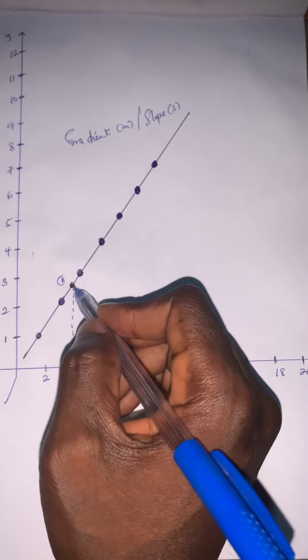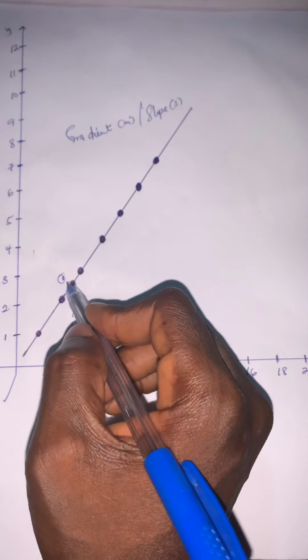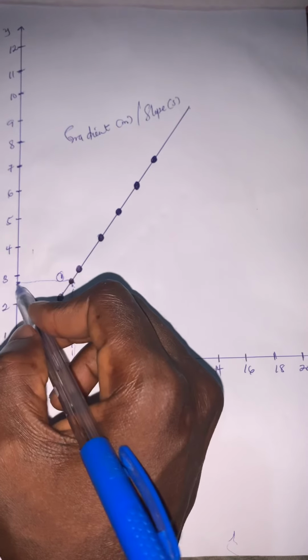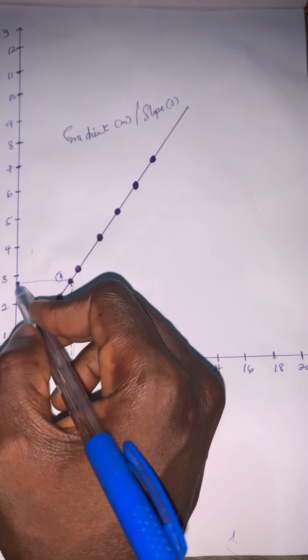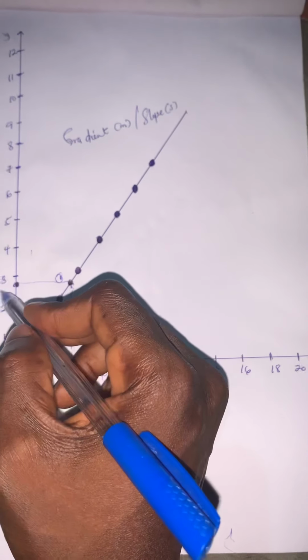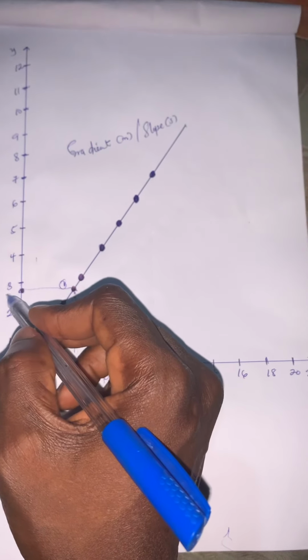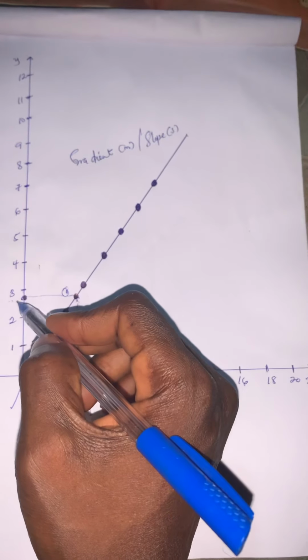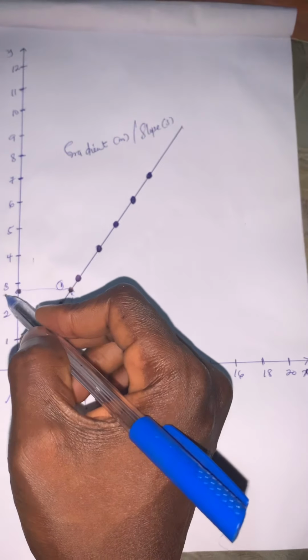Then the same point, I will trace it to the y coordinate, or the vertical line. So with this one, approximately, I think it should be 2.8. Let's assume it to be 2.8.